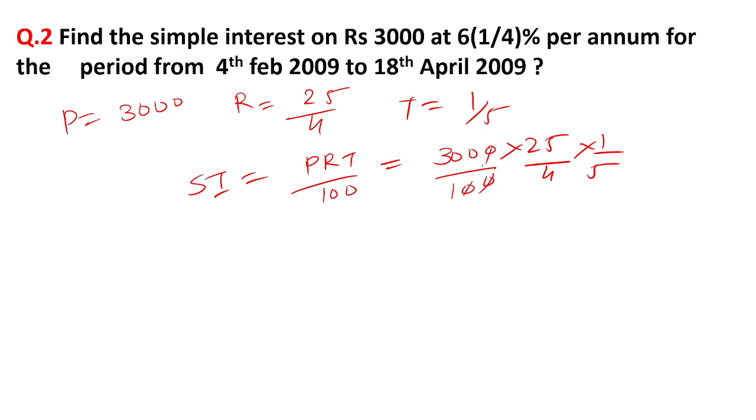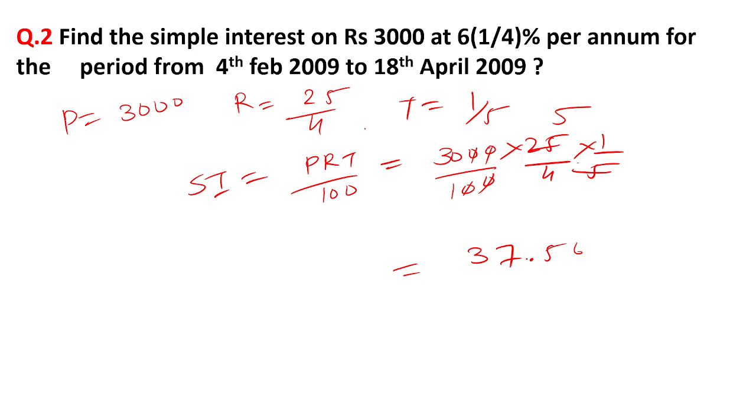So let's divide by 5, 5s are, so 150/4 will be the answer, that is we will get the answer as 37.50.